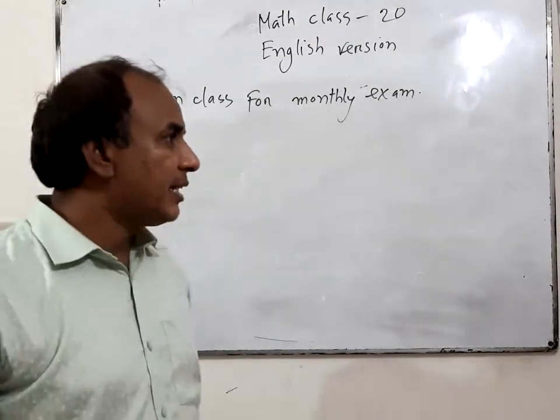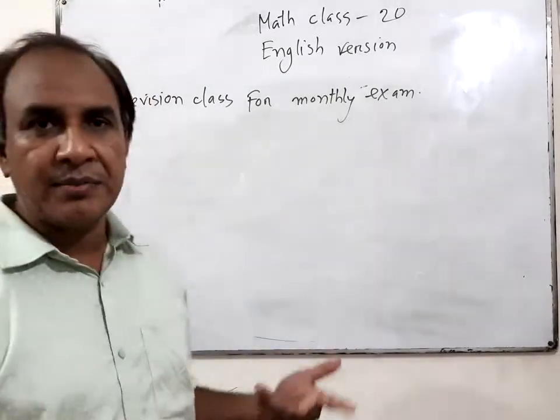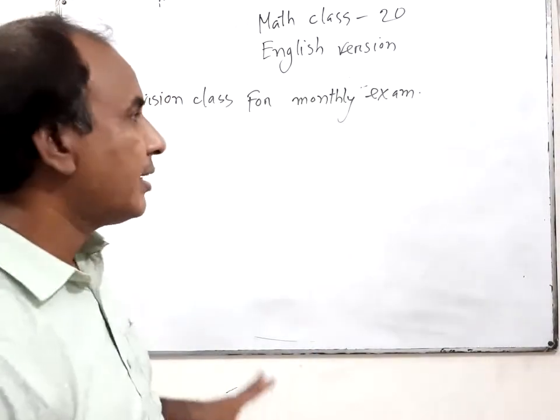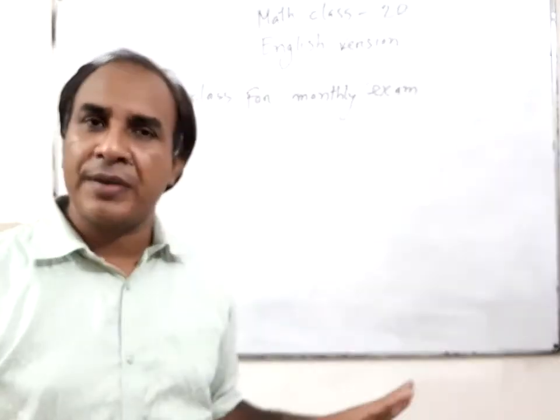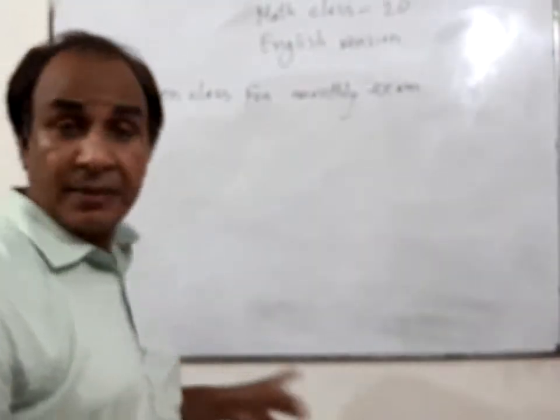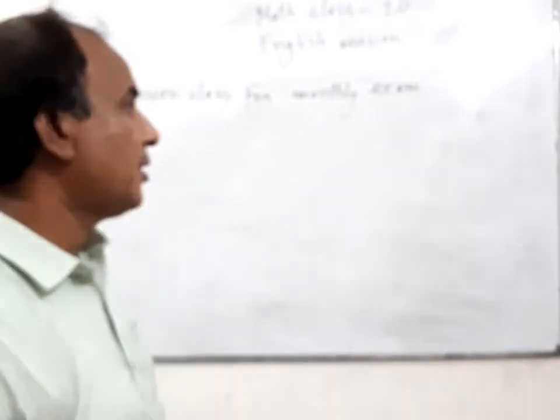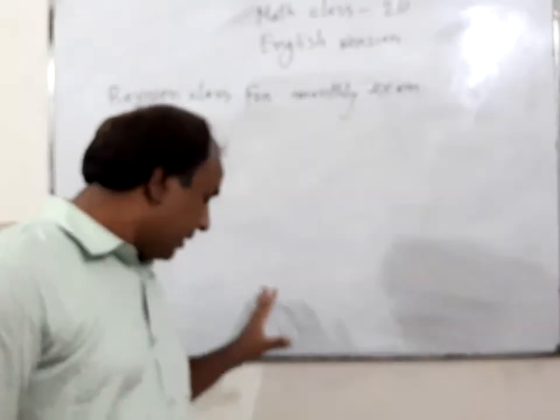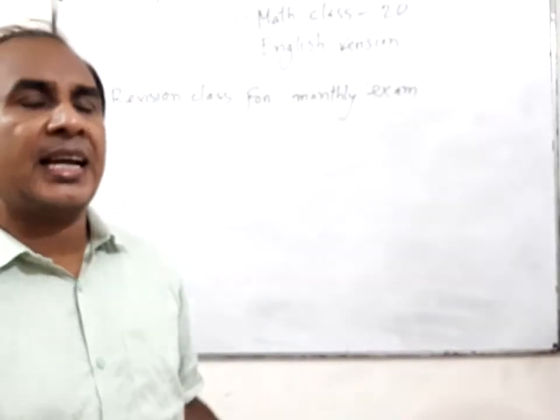If there is an MCQ or short question, how many types of common fraction or simple fraction, we have to answer 3 types: proper fraction, improper fraction, and mixed fraction.